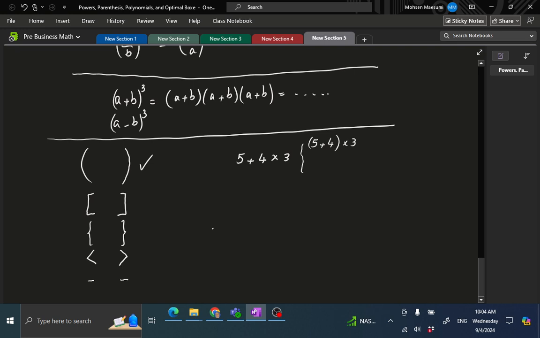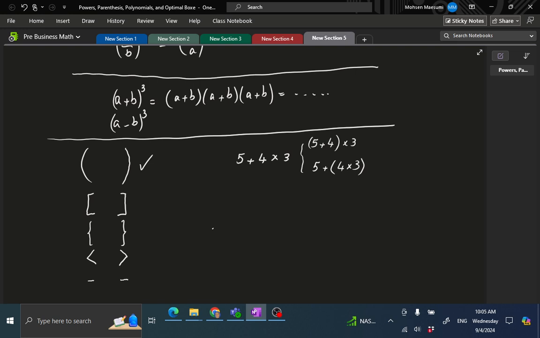The other is to say I multiply 4 and 3 first, and then add 5. In either way, the parentheses tell us what to do first. Parentheses create an order of operation of their own, dictating that we have to take care of what is inside the parentheses first, before we enter anything outside of it.